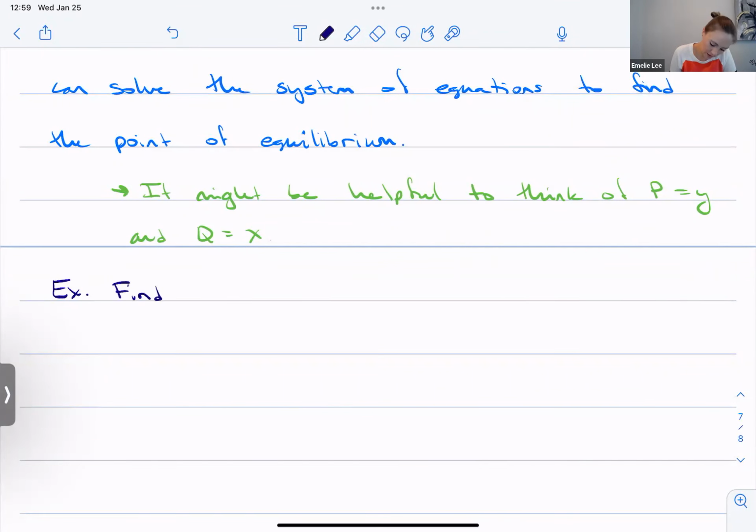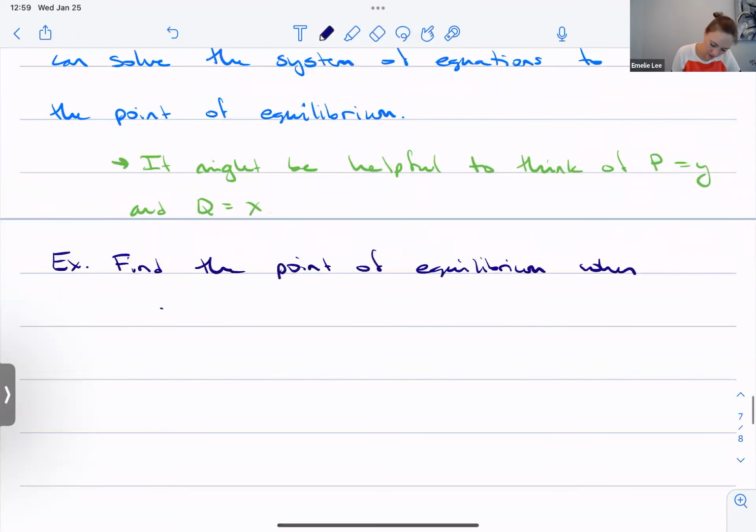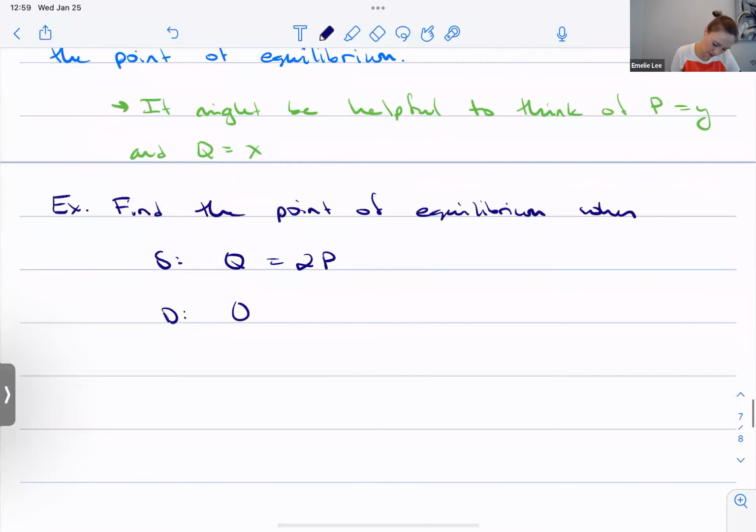We're going to find the point of equilibrium when the supply curve is Q equals 2P, and the demand curve is Q equals 10 minus 3P.